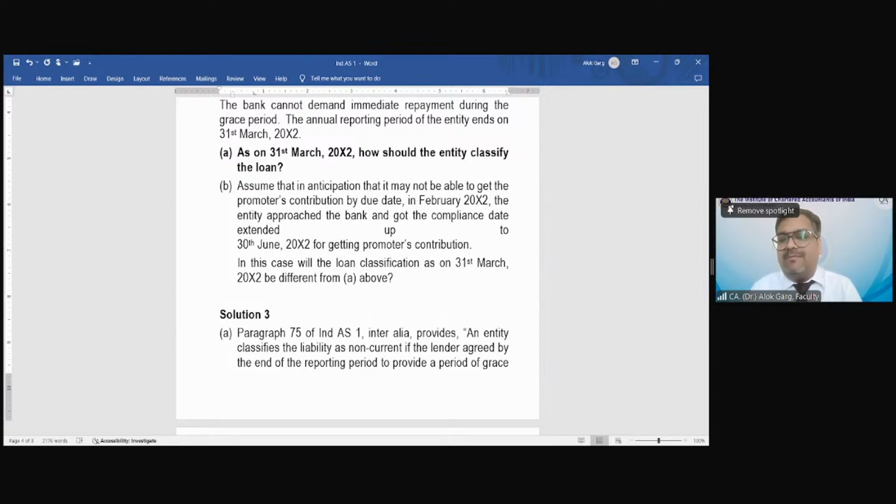Now the promoter has anticipated in February that probably we will not be able to contribute this money, and proactively they went to the bank and told the bank, see, we need to make this compliance by 24th March. We are sitting in February and we need more time. And bank has agreed to extend this compliance.